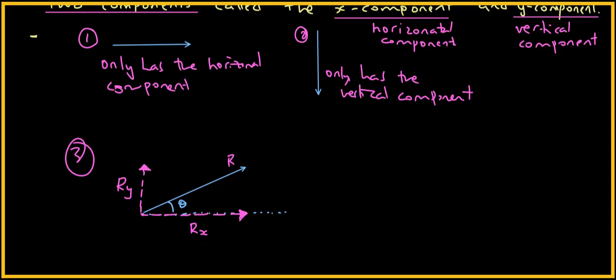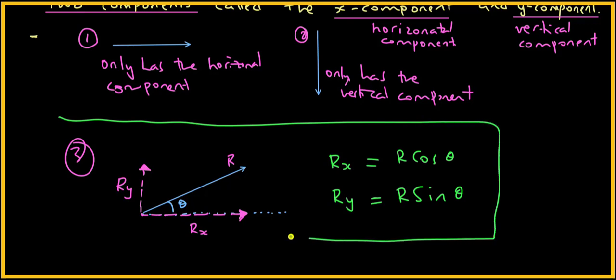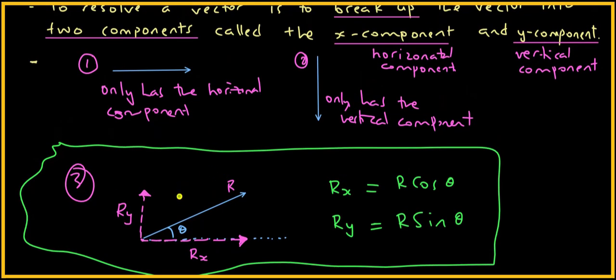The way we calculate them, we say Rx is equal to R cos theta. Theta is the angle between the force and the horizontal. And to find Ry, we simply say Ry is equal to R sine theta. So this is how we resolve. Once you do this, you'll have resolved a vector. So vector resolution is breaking up a force or a vector into two components, the x component and the y component.